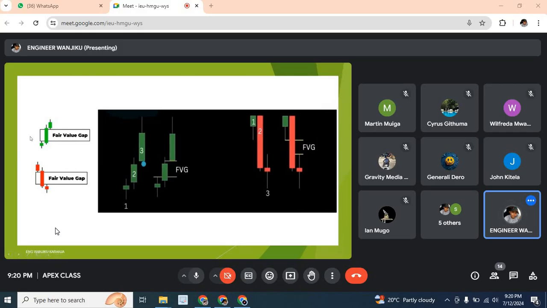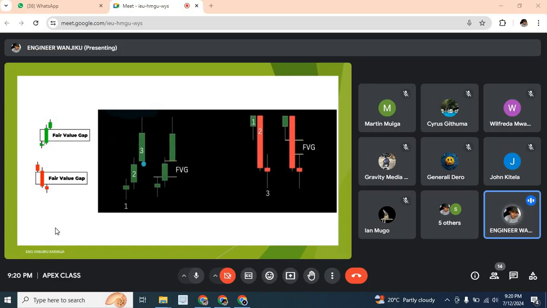If you look at this diagram, we have three bullish candles following each other. Remember I said the highest price is always represented by the top wick.